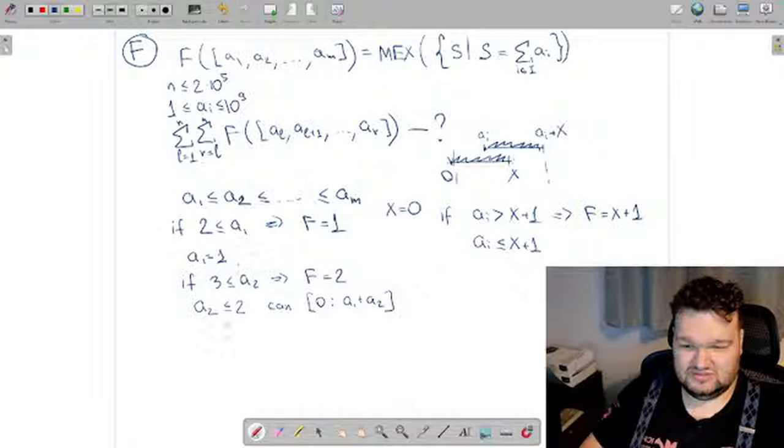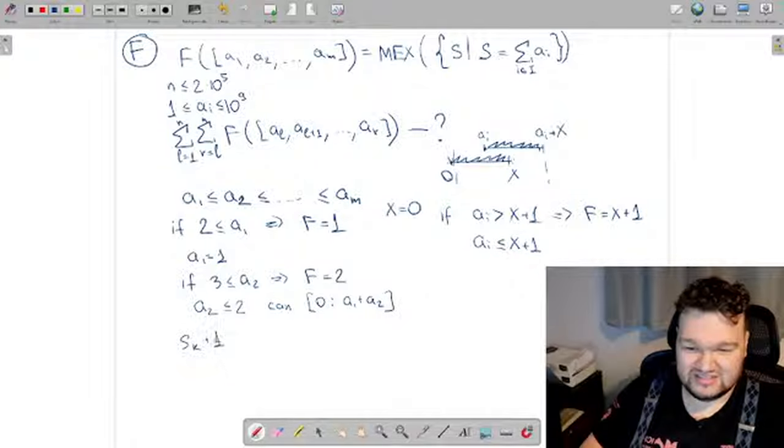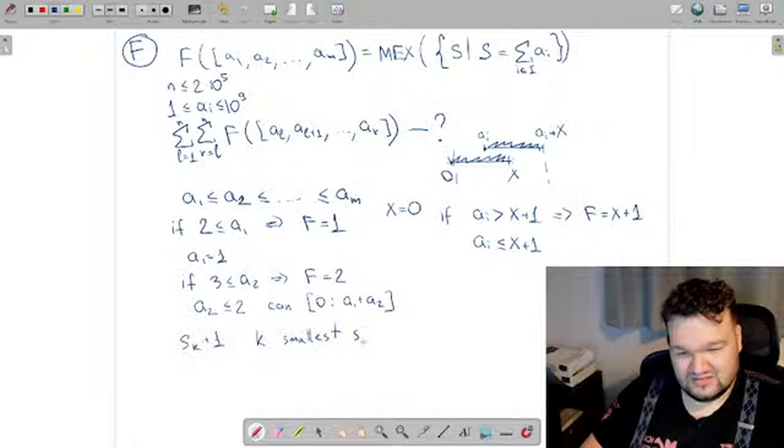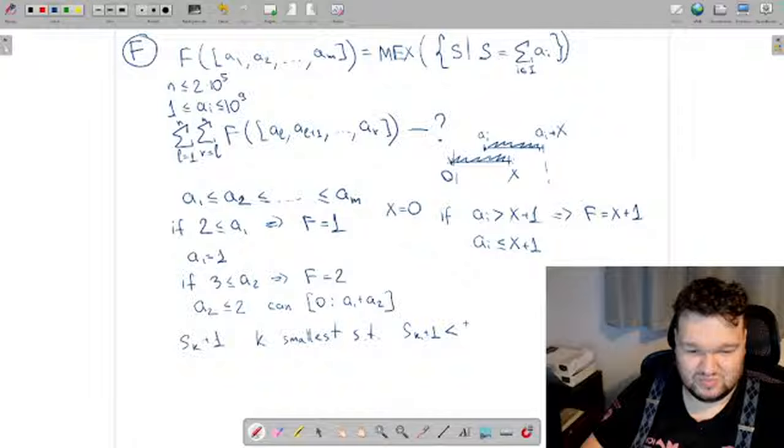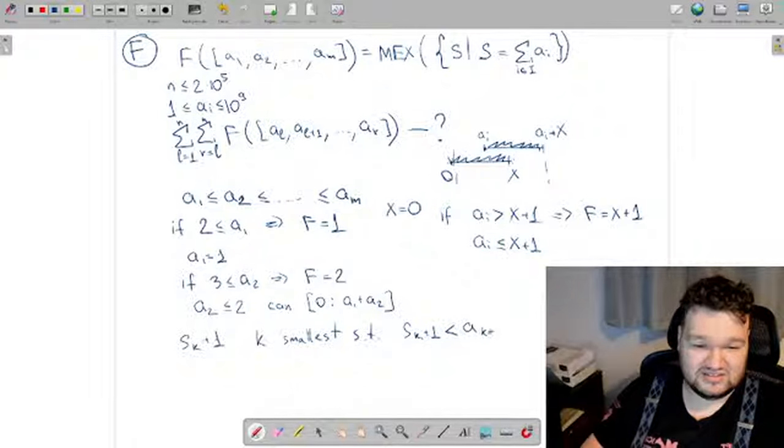So the answer, the function f, will be sk plus 1, where sk is the sum on the prefix of size k, and k is the smallest index such that sk plus 1 is strictly smaller than the next element.